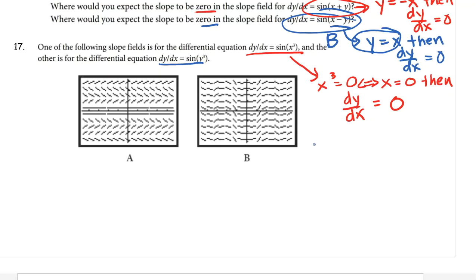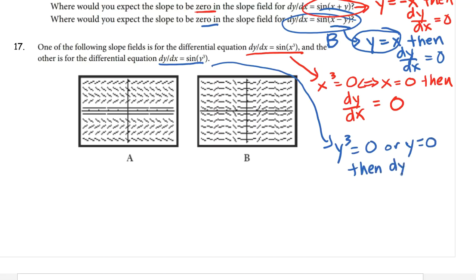For this one, if y cubed is equal to 0 or y equals 0, then we would have horizontal tangents. So here we simply need to look for the horizontal tangents on the x-axis or on the y-axis.